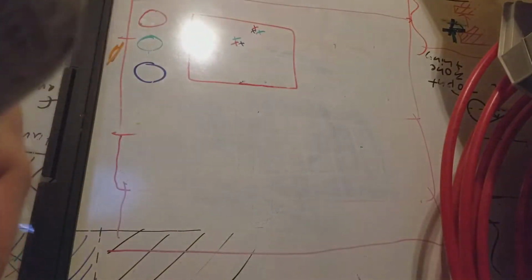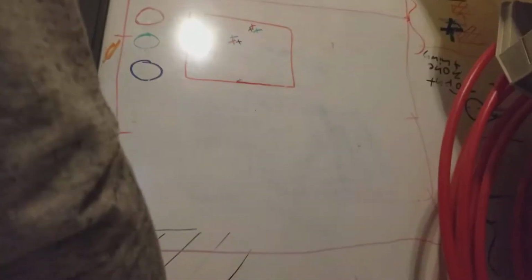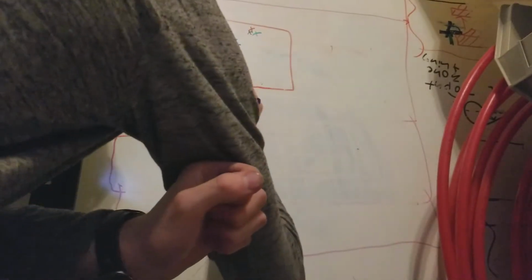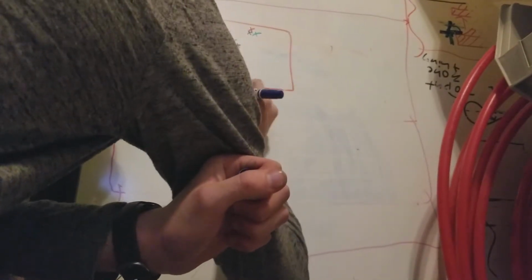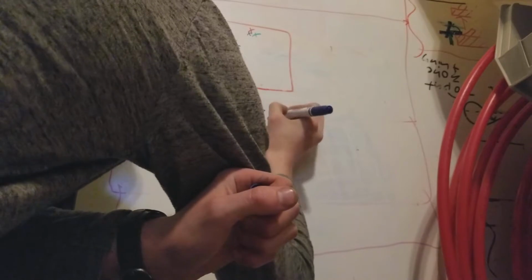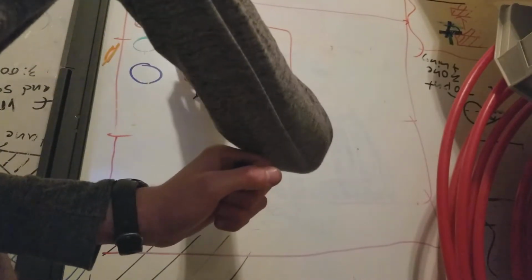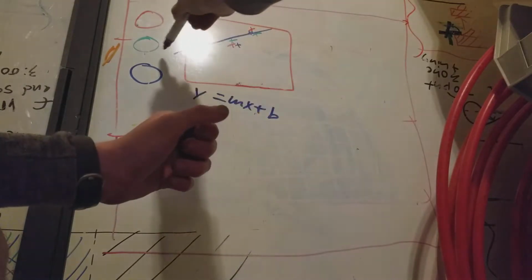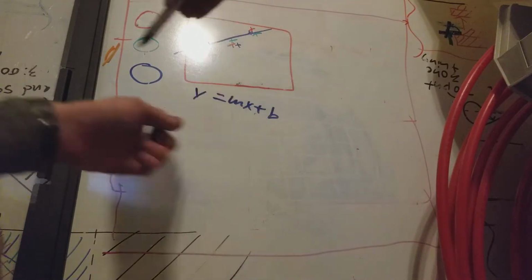Okay, so what we can now do is run this through a formula that will calculate the line of best fit. Essentially, this will return an equation, y equals mx plus b, that will draw a line that best and most closely approximates the position of these.